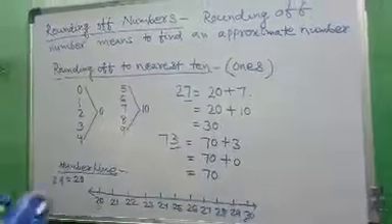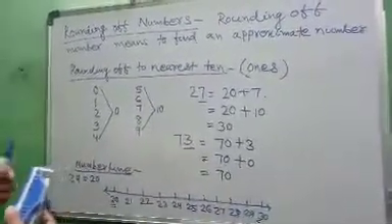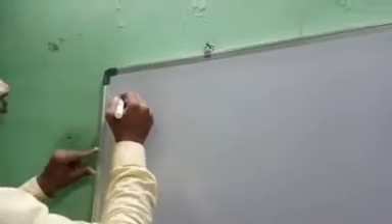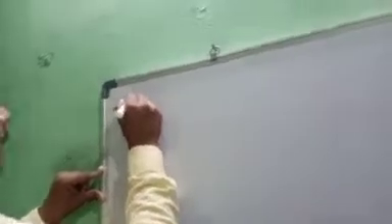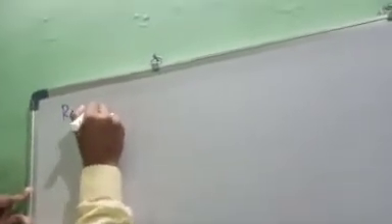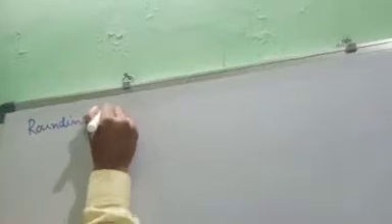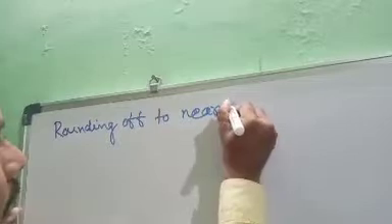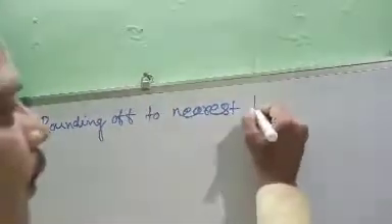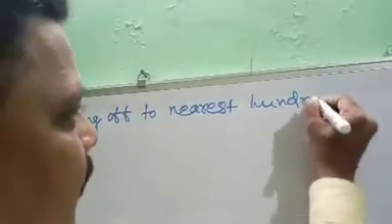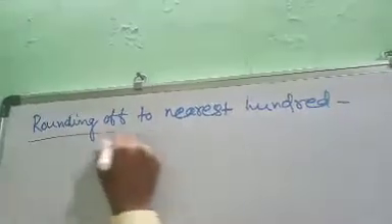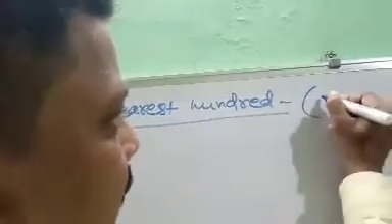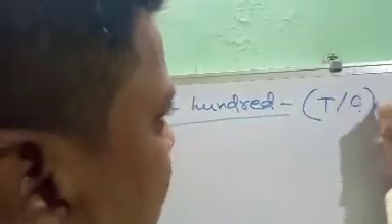Then the next rounding is to the nearest 100. When we round a number to the nearest 100, we have to look at two places, means tens and ones. Okay.